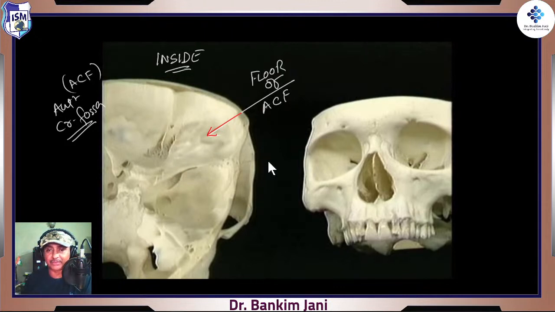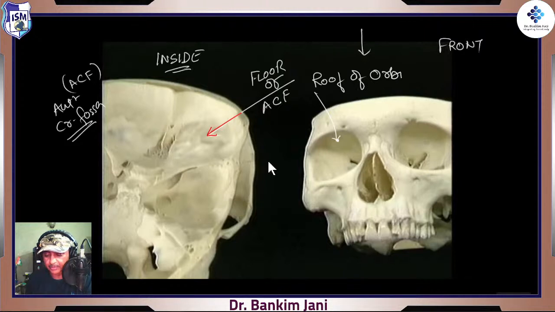But when we see from the anterior, this is front, the second one, this is outside and this is front. This view is from top. From top we are watching this portion, correct? So that is the roof of the orbit, right? And which bone is it?